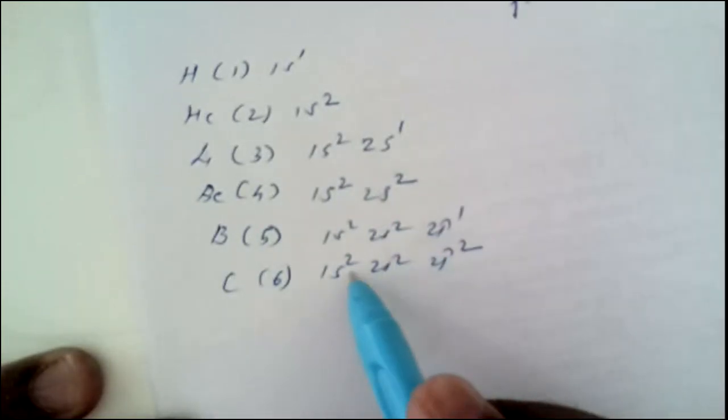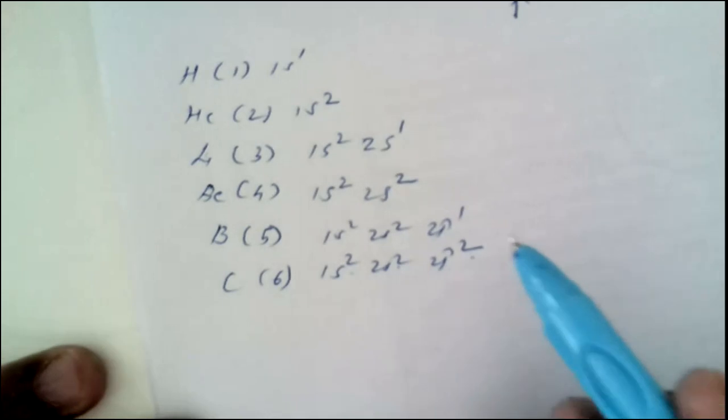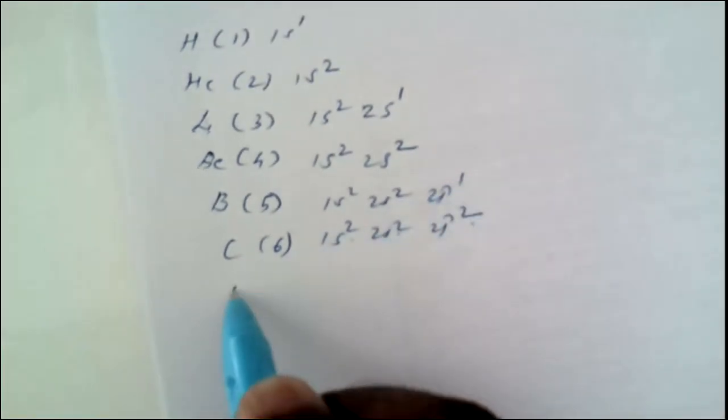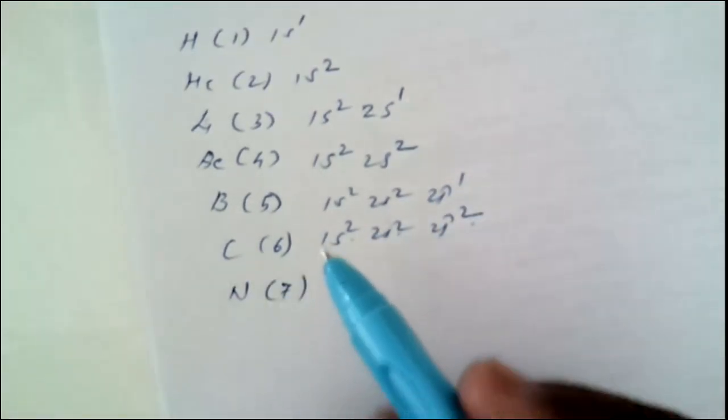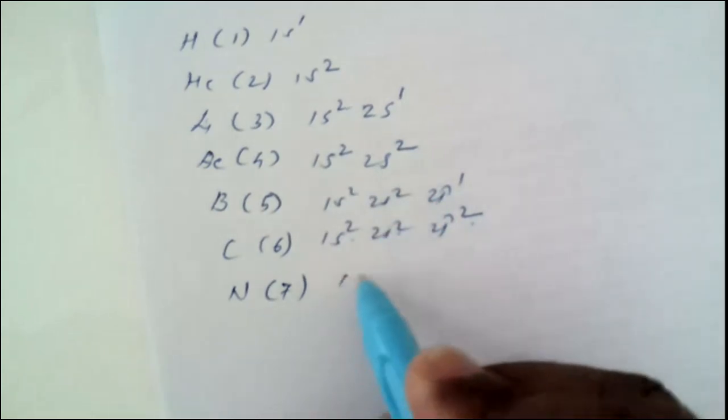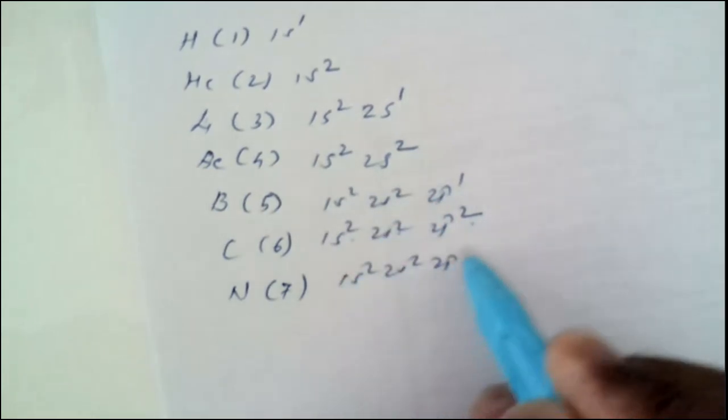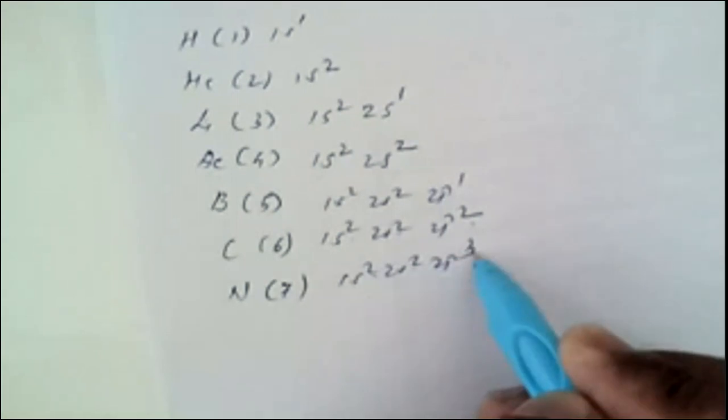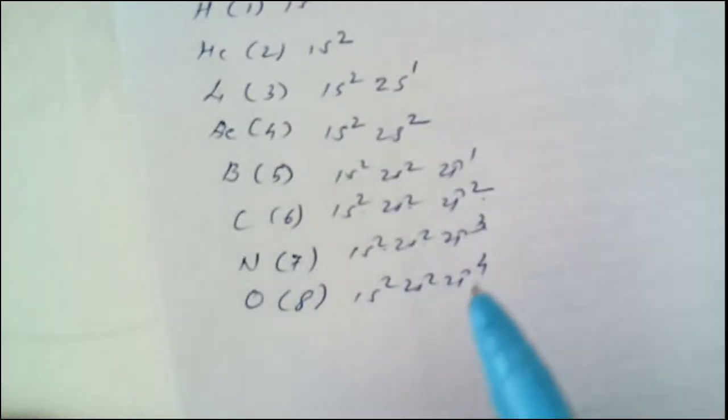Total number of electrons is 2 plus 2, 4, plus 2 is 6. Next member, atomic number 7, nitrogen, electronic configuration 1s2, 2s2 and 2p3. So 4 plus 3 is 7. Then the eighth member is oxygen, electronic configuration 1s2, 2s2 and 2p4.